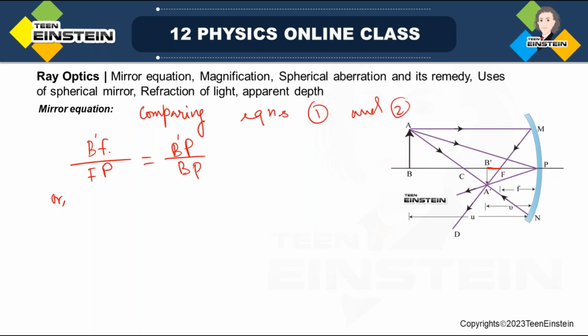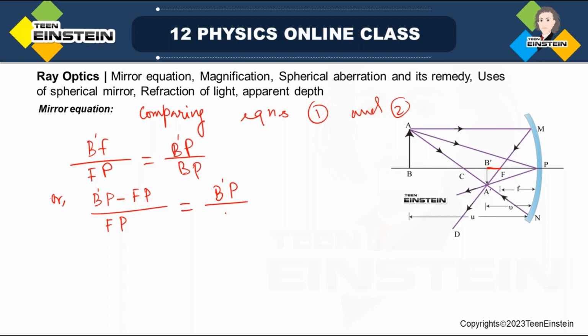Now I can write B prime F this way: B prime P minus AP divided by AP, and on the right hand side this is B prime P by BP.